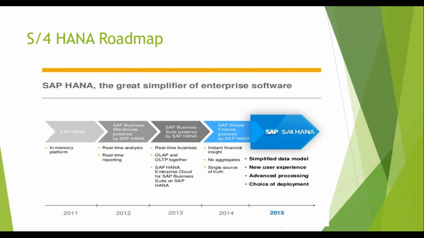So if you have installed 1511, after that 1602 came as an upgrade on cloud, and it mandatorily needs to be upgraded. You don't have any control on that. Whatever new versions come on cloud, they will be mandatorily upgraded. So 1602, 1605, then 1610, then now I think 1701 or 1702 will come, or maybe it has already come on cloud. So in case of cloud, the upgrades are available every quarter and they are not optional. They are mandatory for each and every client to upgrade the system.